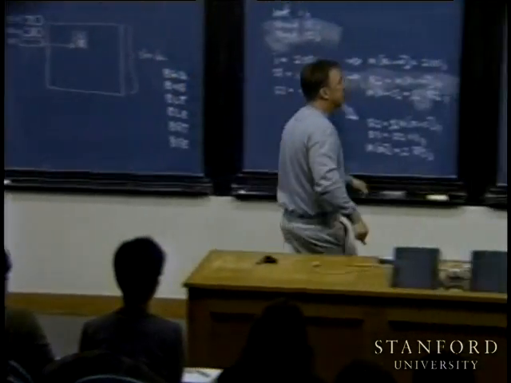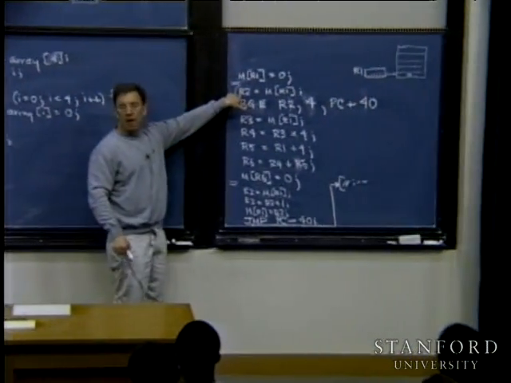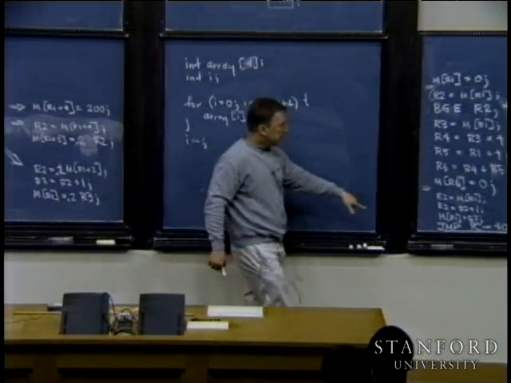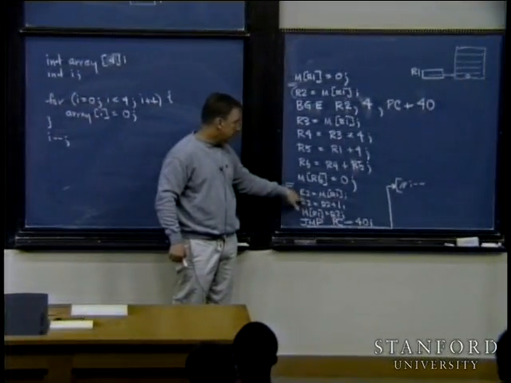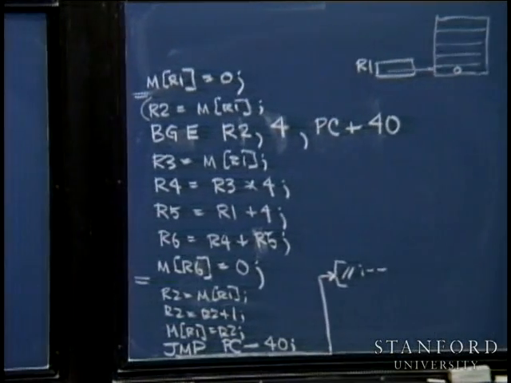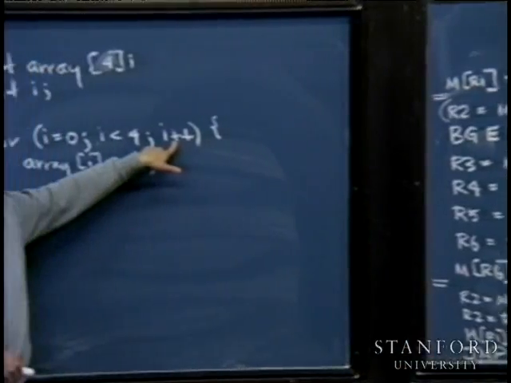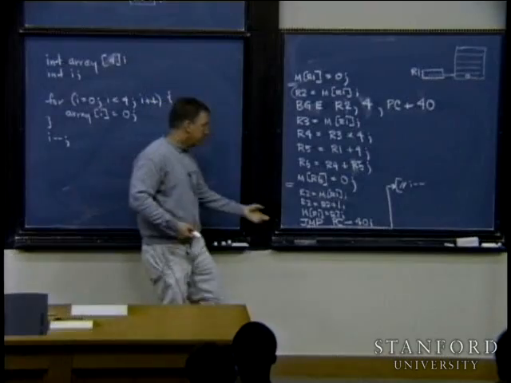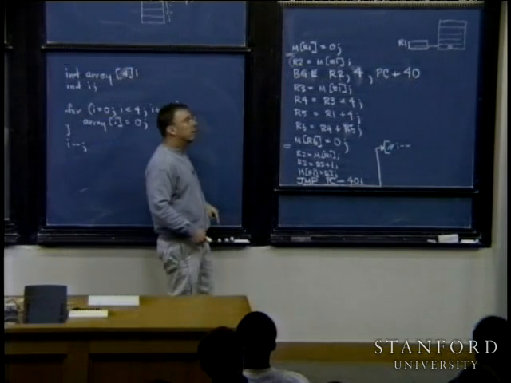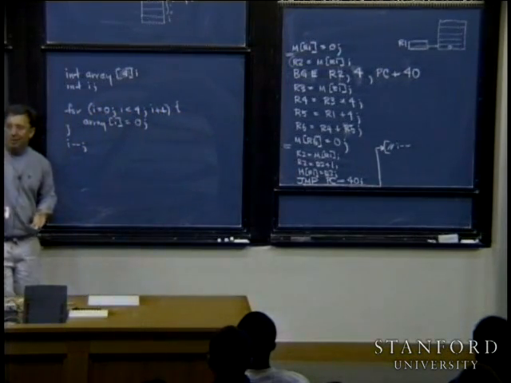And this load right here happened to do with the fact that there's an I present in the test. Does that make sense? This R2 being set to that right there just happens to be associated with this I++ right here. And as it turns out, this right here has the right value. I don't want to say it's a coincidence, because it's not a coincidence.